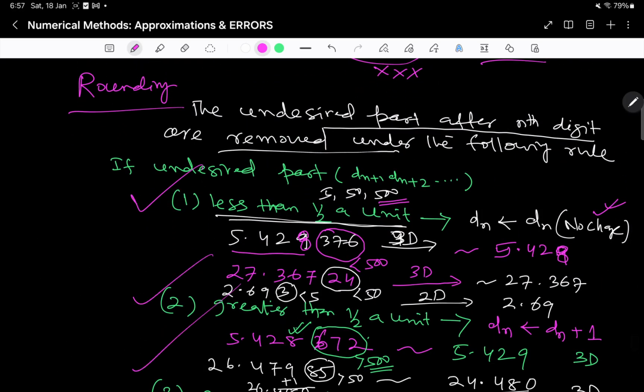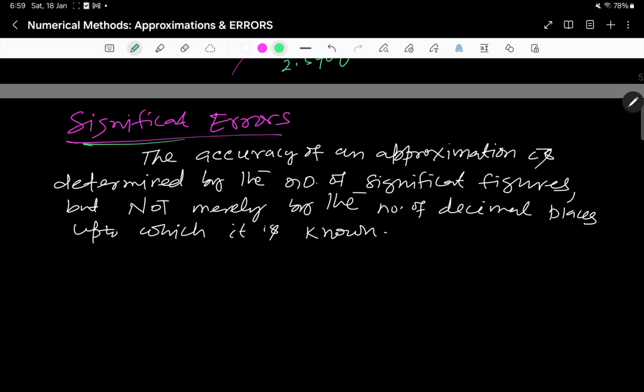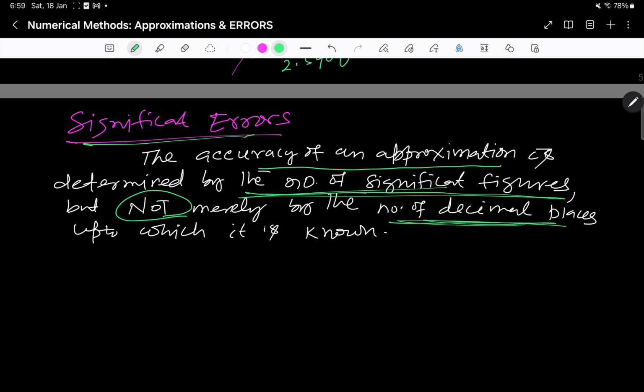Now next, I repeat the significant errors. As I have told you, the accuracy of an approximation is determined by the number of significant figures, but not by the number of decimal places up to which it is given.